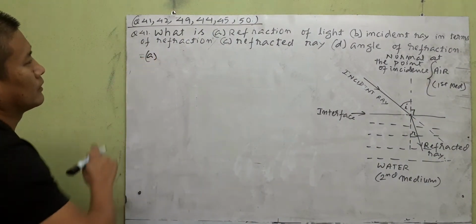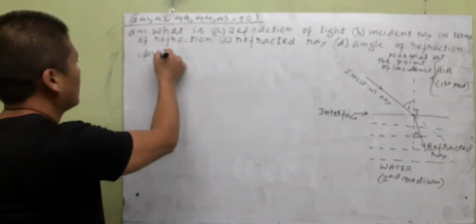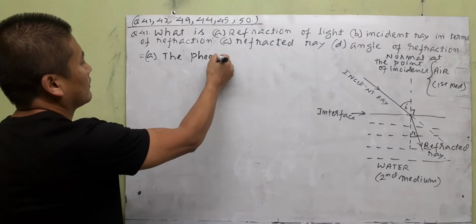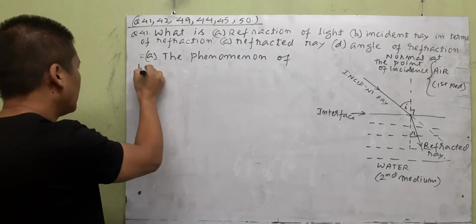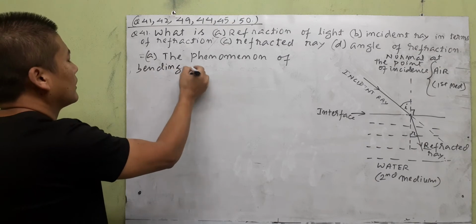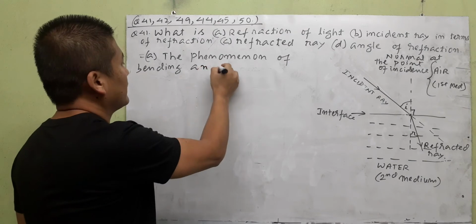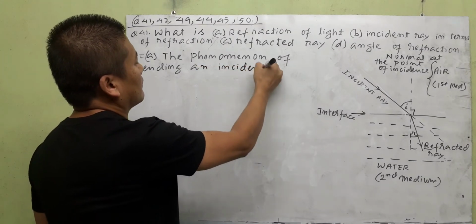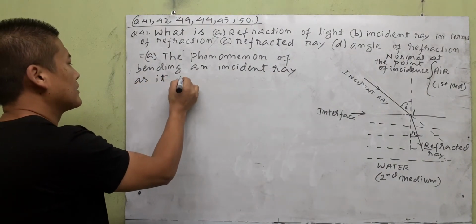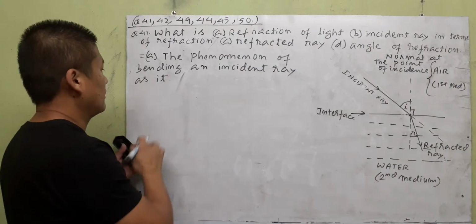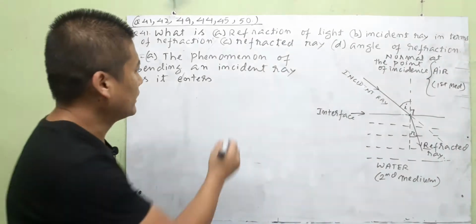A, refraction of light. You can write down: the phenomenon of bending of an incident ray as it enters obliquely.